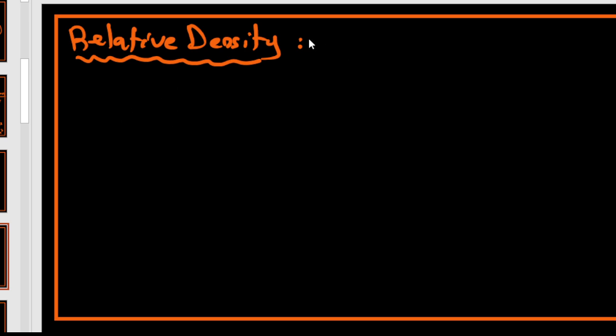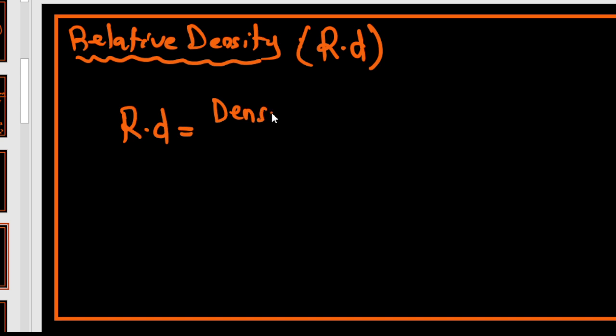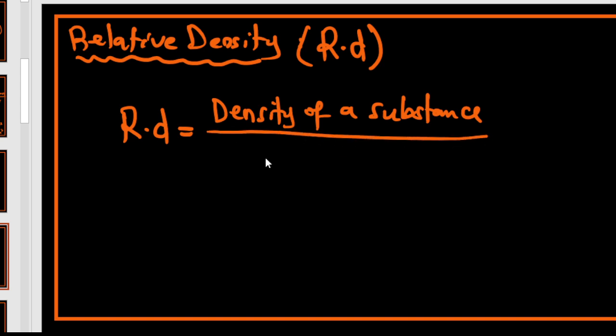So relative density, which is symbolized as RD, we can say RD is equal to the density of a substance over the density of another substance. Because water is readily available, we make use of water as a reference standard, so we use the density of water.